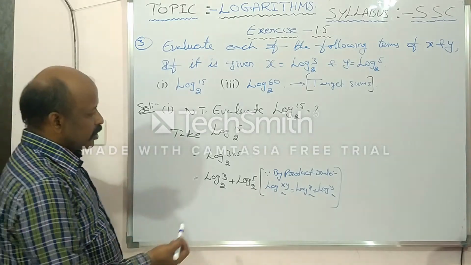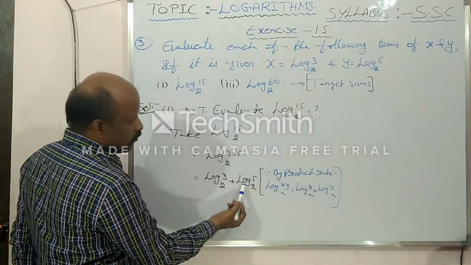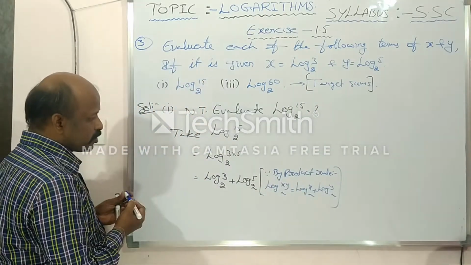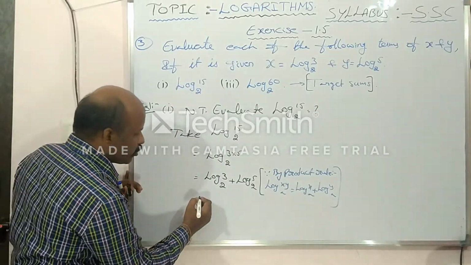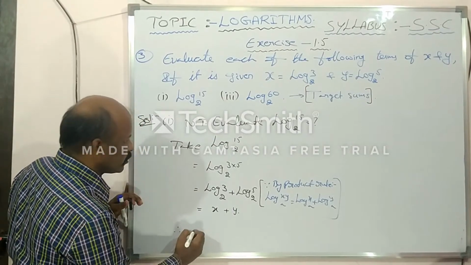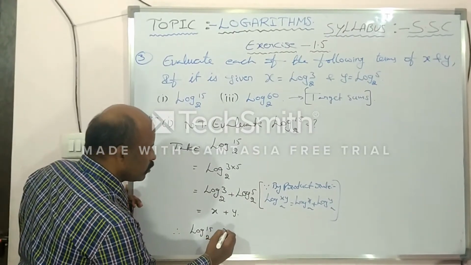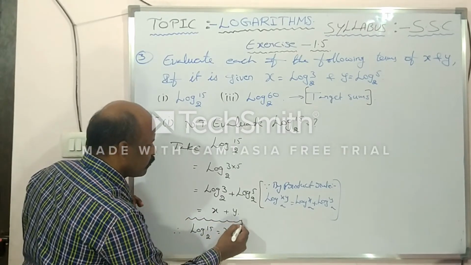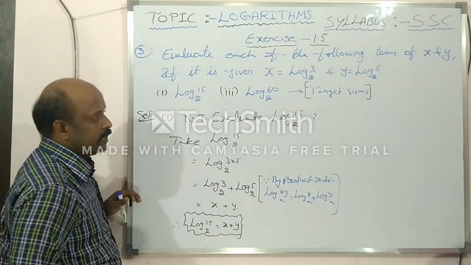After that, we know that already log 3 base 2 value is x, log 5 base 2 value is y. Instead of log 3 base 2, I am going to write x. Instead of log 5 base 2, I am going to write y. X plus y. Therefore, once you observe, log 15 base 2 is equal to x plus y. So, log 15 base 2 in terms of x and y.